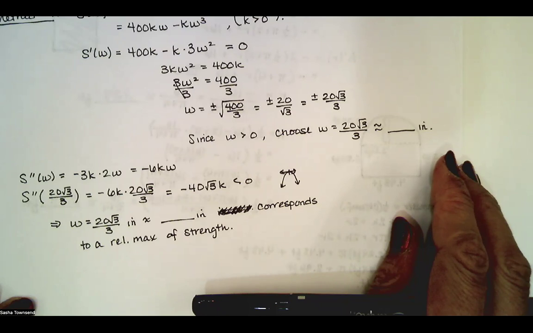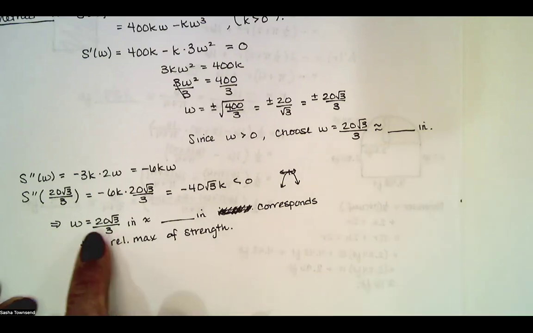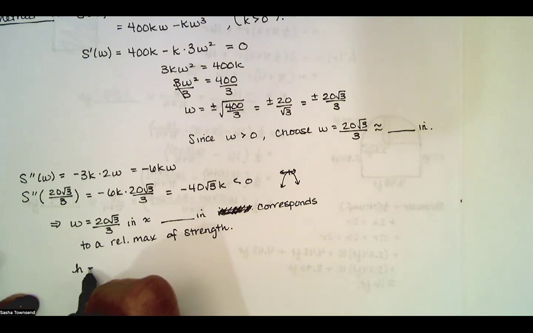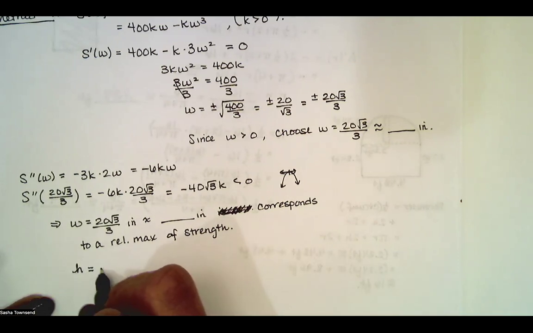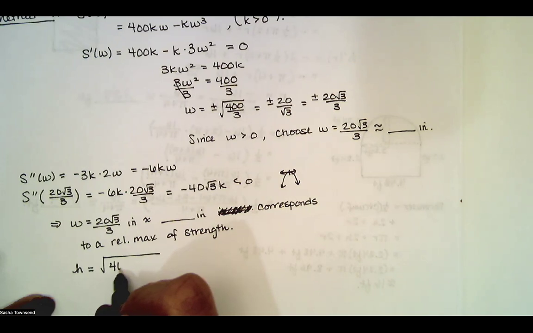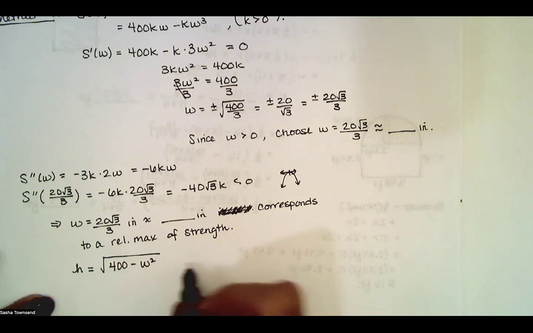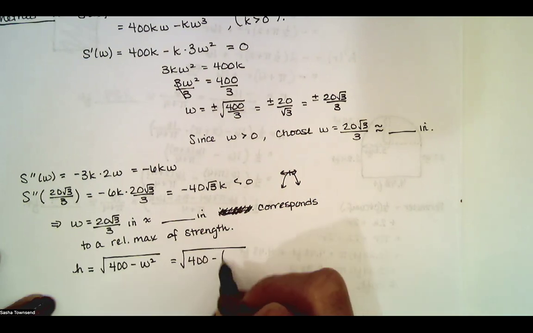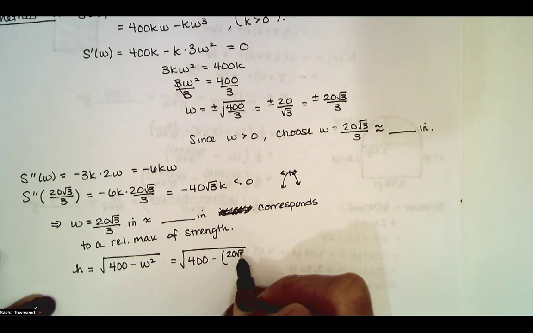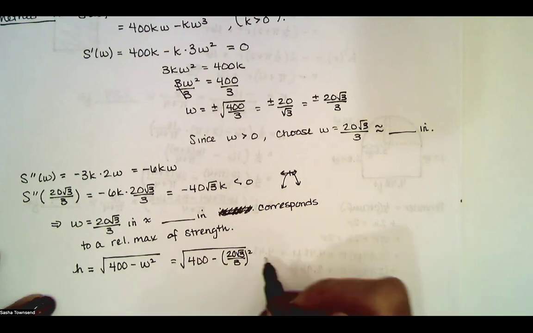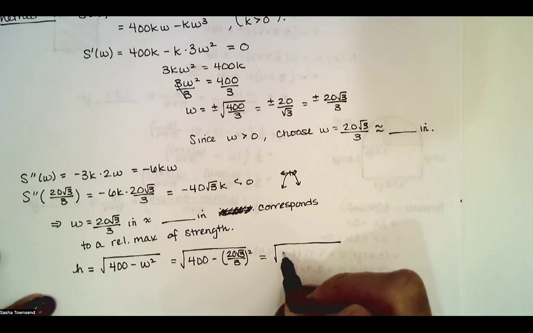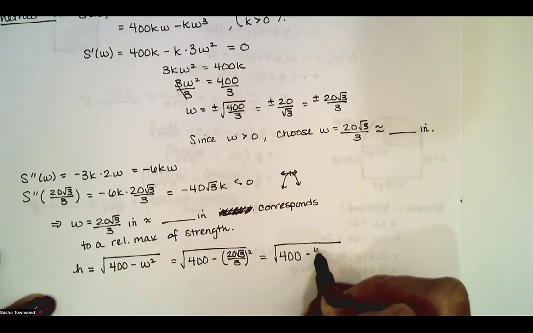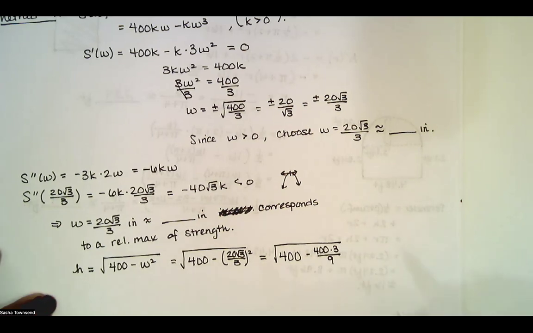And we were asked for the dimensions. If this is our W, our height is the square root of 400 minus W squared. That's the square root of 400 minus 20 root 3 divided by 3 squared. So we have 400 minus 400 times 3, all divided by 9.